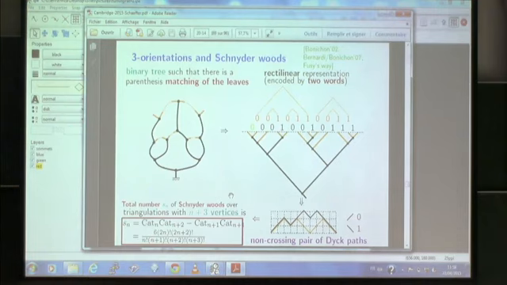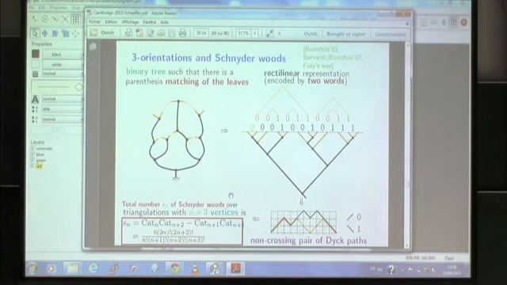And this is a bijection, and therefore, in fact, using, for instance, Gessel-Viennot's approach, you can count these non-crossing pairs of Dyck paths, and you have an explicit formula for the number of these things.